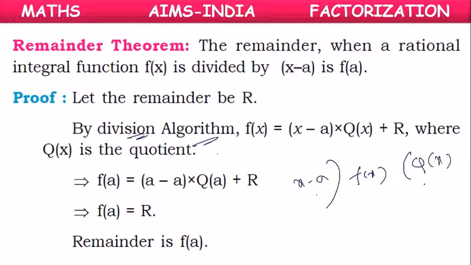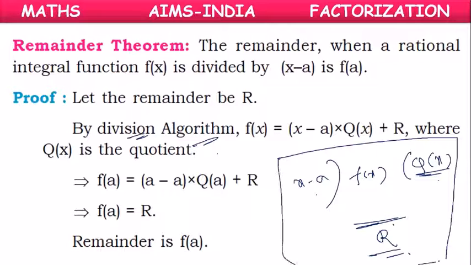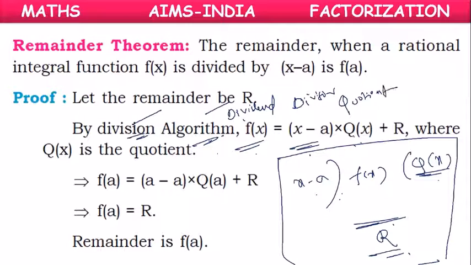If the quotient is q of x and the remainder is r, then according to the division rule, it can be written as dividend f of x equals divisor x minus a into quotient q of x, the equation in terms of x, plus remainder r.